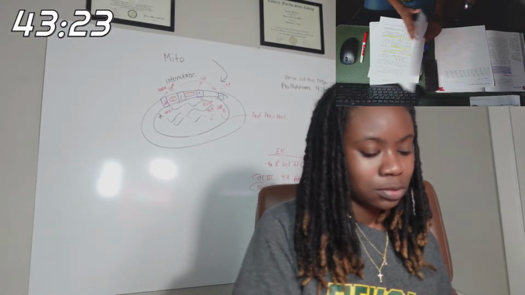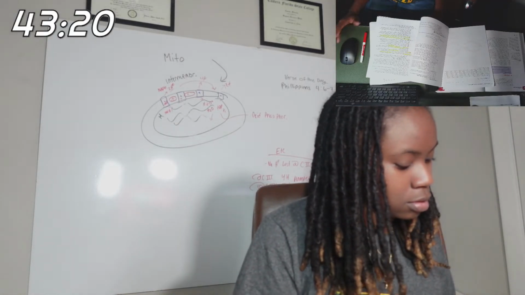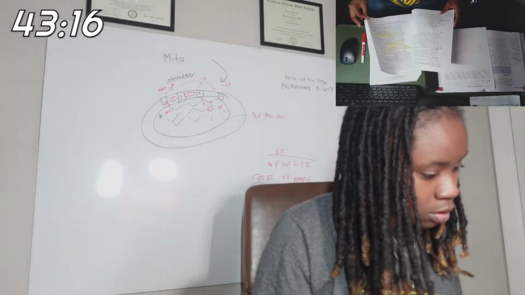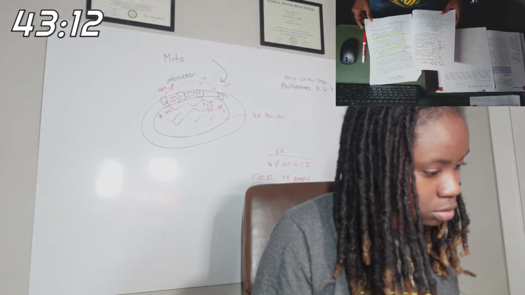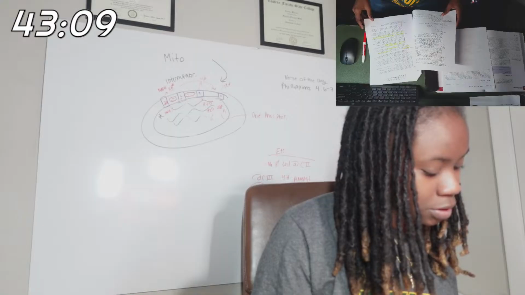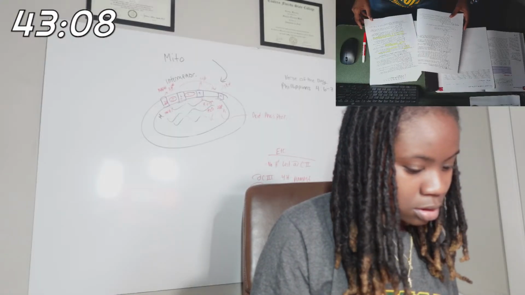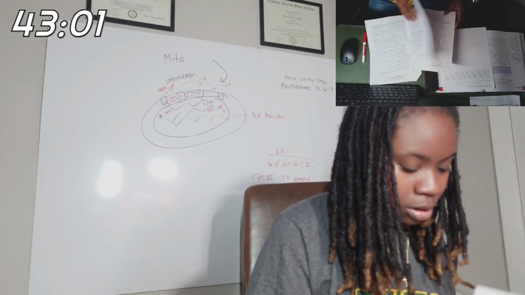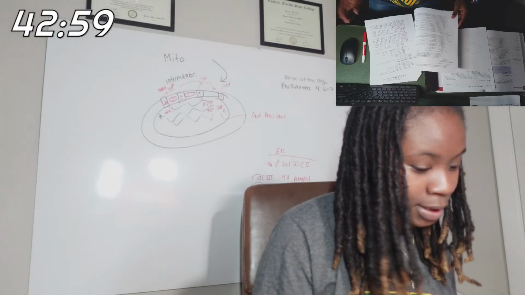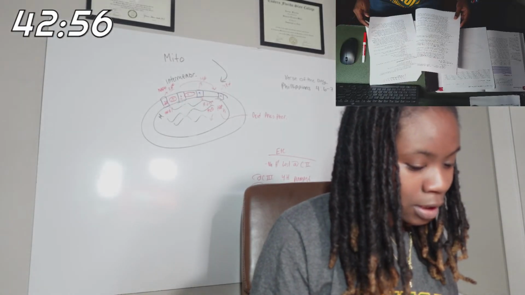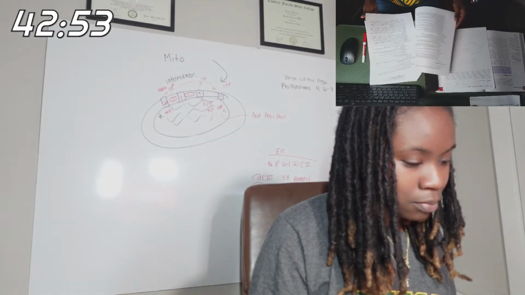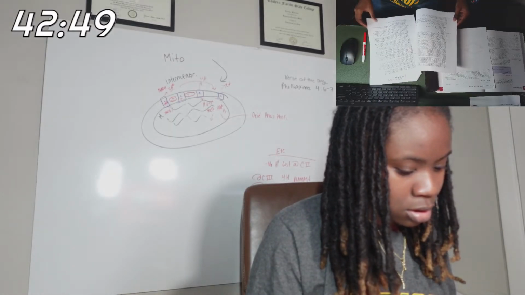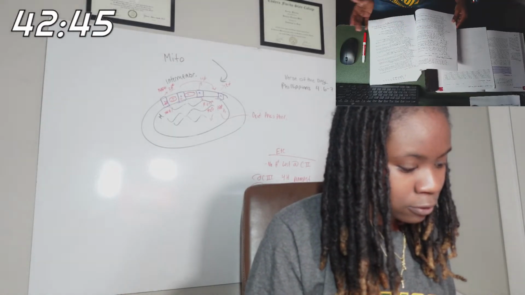Yo, is the electron transport chain even on the MCAT? The heck? I see the pentose pathway. I see glycolysis, gluconeogenesis, citric acid cycle, fatty acid metabolism, aka beta oxidation, and oxidative phosphorylation.